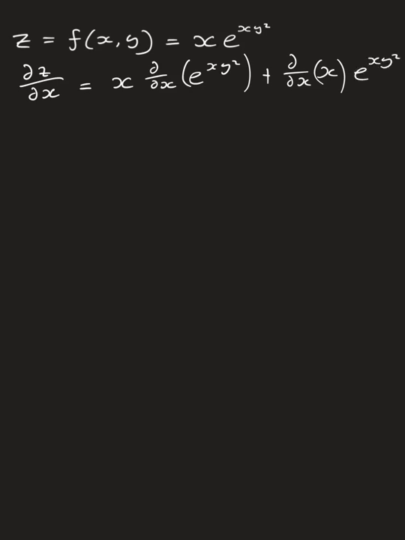So that's a product rule, where I said u equals x and v equals xy squared. And remember that we're treating y as just like any constant. Right, so that x stays as it is now, and we differentiate e to the power of xy squared with respect to x. This is a chain rule type thing. Remember that e to the power of x, when we differentiate it, gives us back e to the power of x.